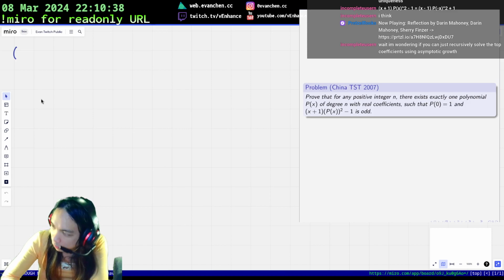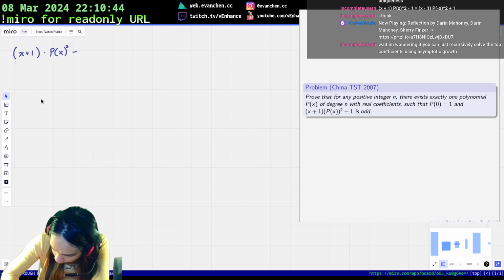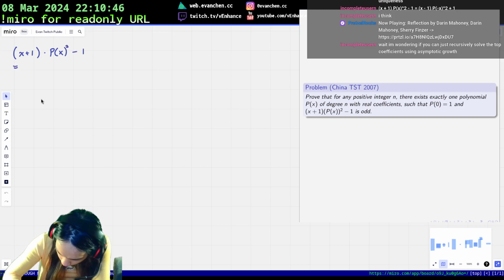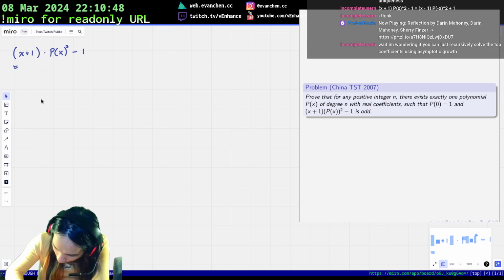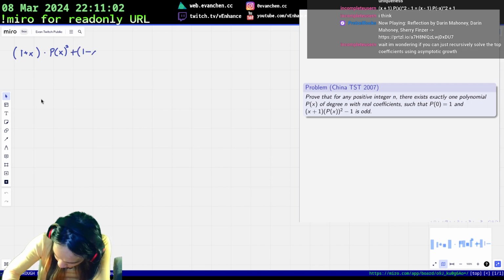So you're told that (x+1) times p(x²−1) is odd, which means this is like the negative of... let me write 1+x so that's a little less annoying. (1+x) p(x²) plus (1−x) p(−x²) is equal to 2.